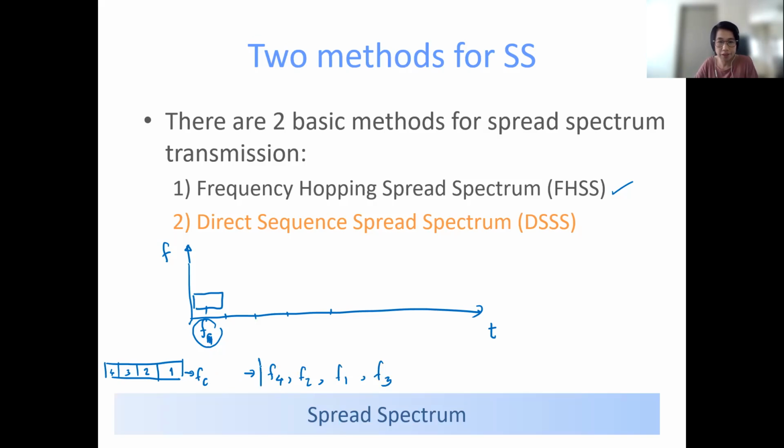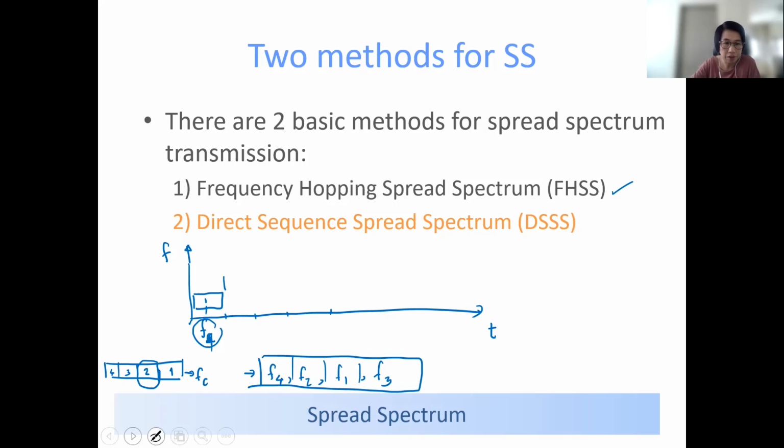So if it lands like this, the packets will be sent to different frequencies, right? Example here, packet number 1 will be sent to frequency 4. And then packet number 2 will be sent to another frequency. So this is not good.